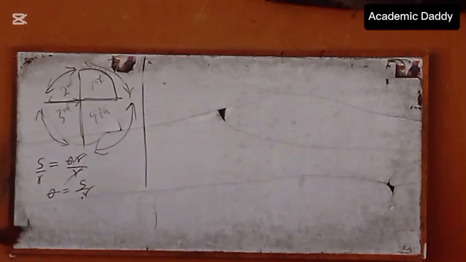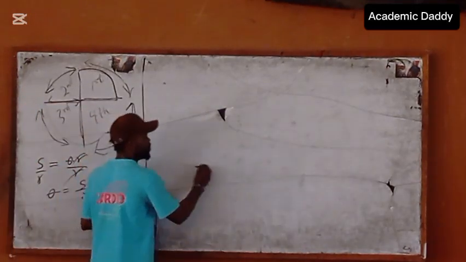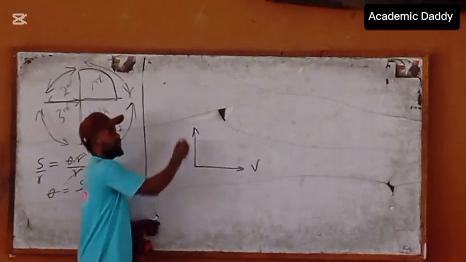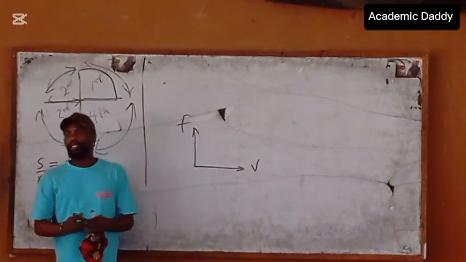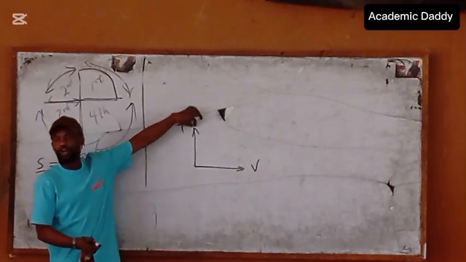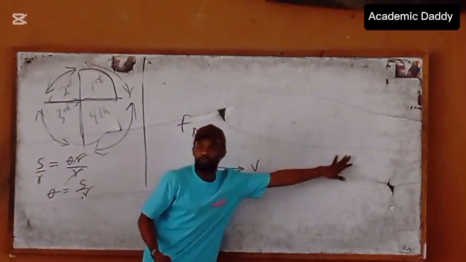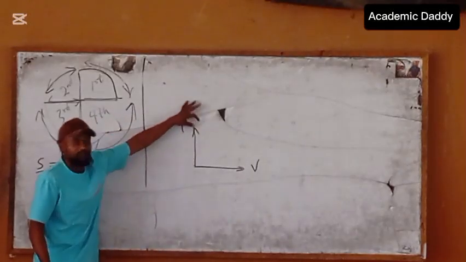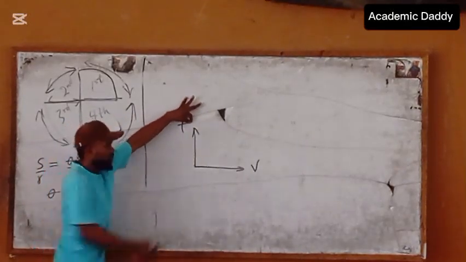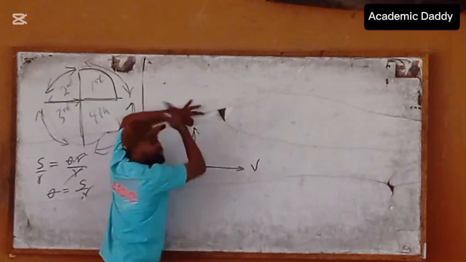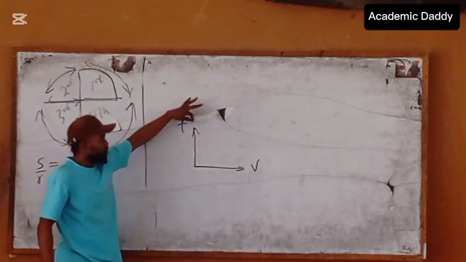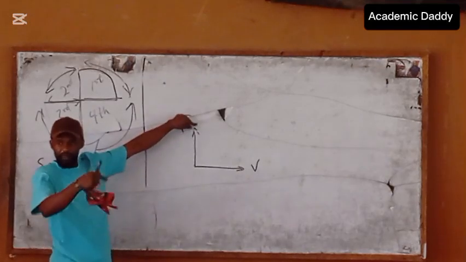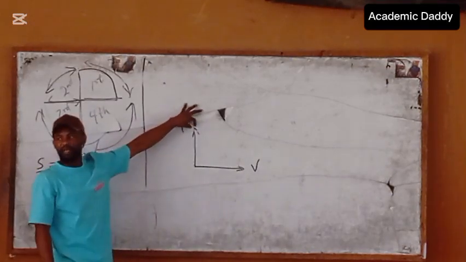So if I have a body with this velocity and a force F applied to it, if the force is not there, the body will go straight. But if the body is fixed, if it wants to move this way, it needs to rotate. So this force here is what we call centripetal force, and the acceleration that results from it is the centripetal acceleration.